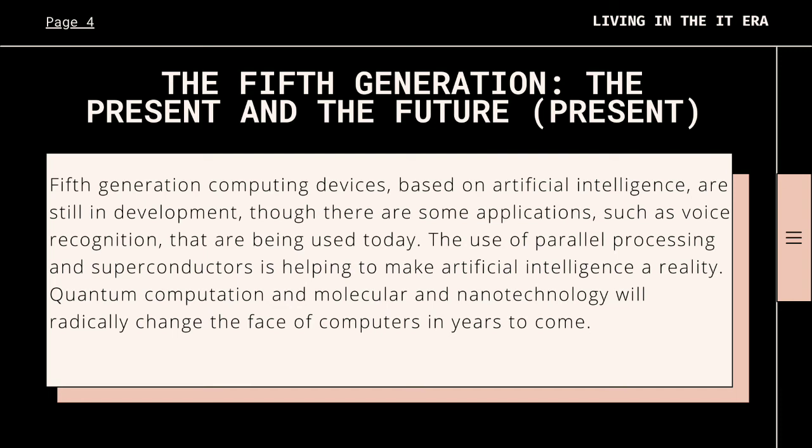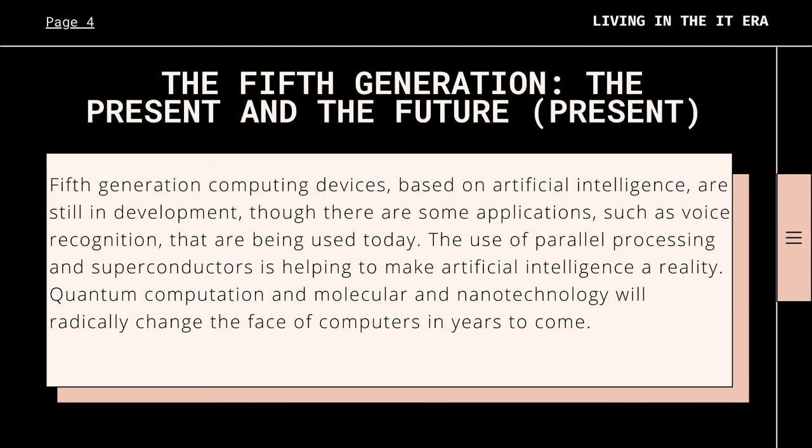The fifth generation represents the present and the future. Fifth-generation computing devices based on artificial intelligence are still in development, though there are some applications such as voice recognition that are being used today.